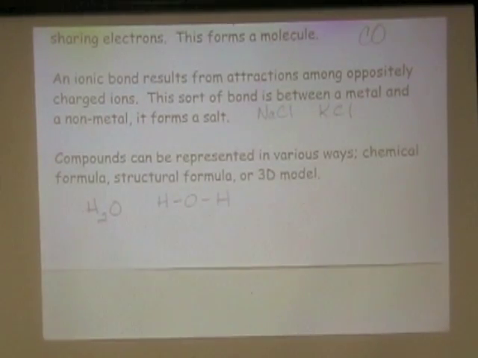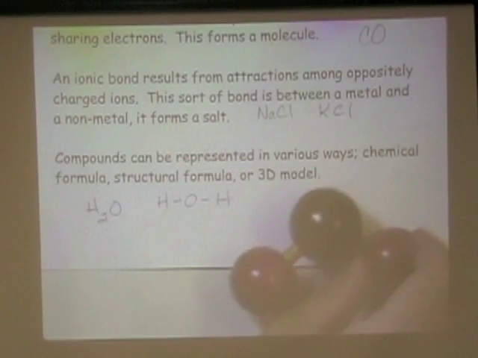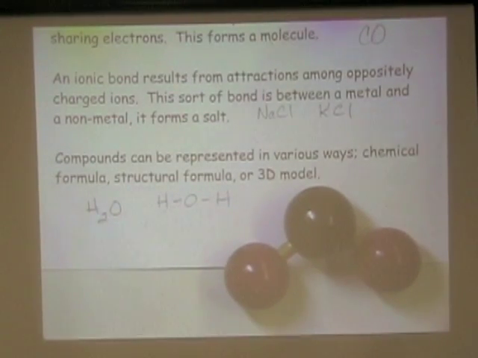And then finally, we have three-dimensional models. This is an example of a three-dimensional model of water. Here's the oxygen, and these two are hydrogens. Now, the beauty of a three-dimensional model is it gives us all the information of a chemical formula. We would have to know the color code, that the black stands for oxygen and the reds are hydrogen.